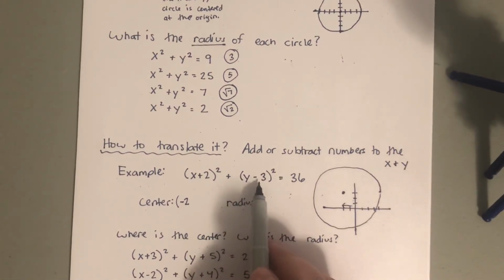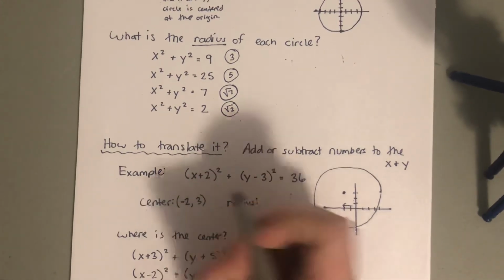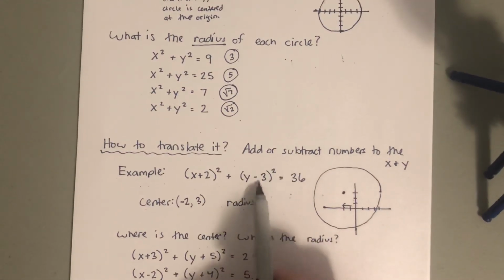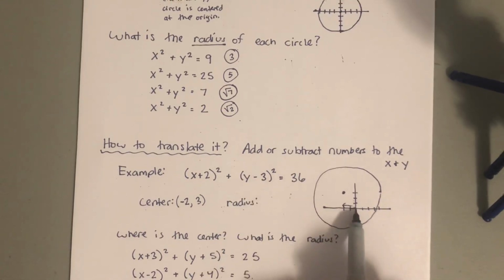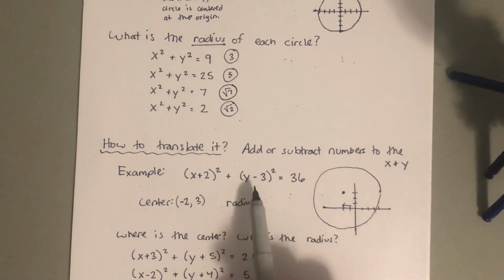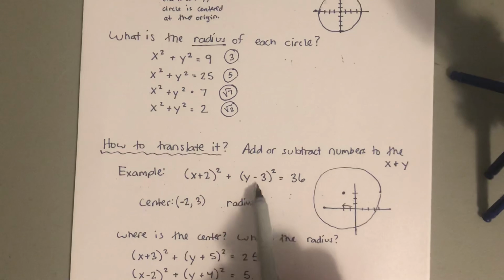And when I see this minus 3, the center is actually up at a positive 3, because this isn't the shift. This is what's undoing the change. If you put a 3 in there, 3 minus 3 would be 0, back at the origin. So if we want this to move up 3, we have to make this a minus 3.